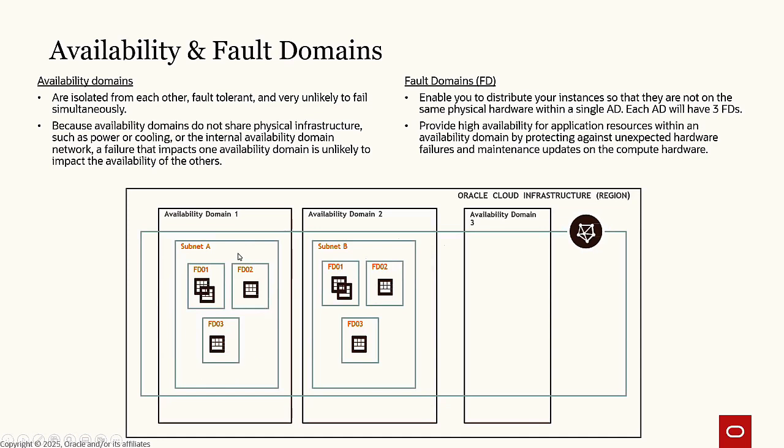Right now, in every one of our availability domains, you have three fault domains. So in a single region, you would have nine fault domains. I emphasize this from my history. Notice the gray hairs.